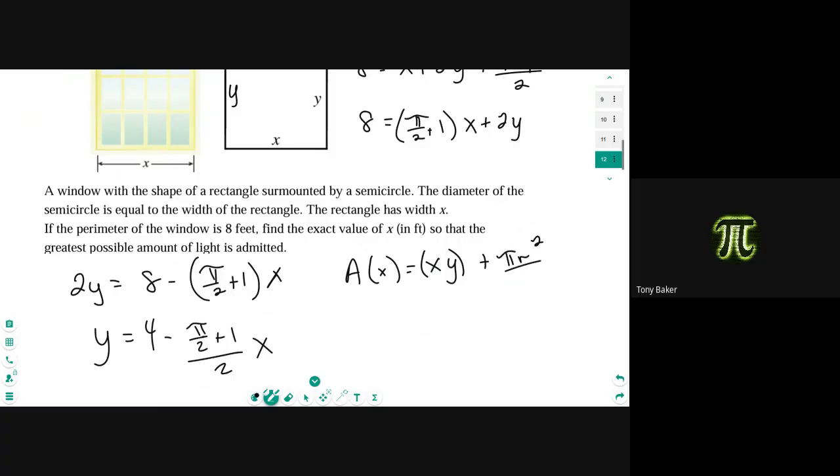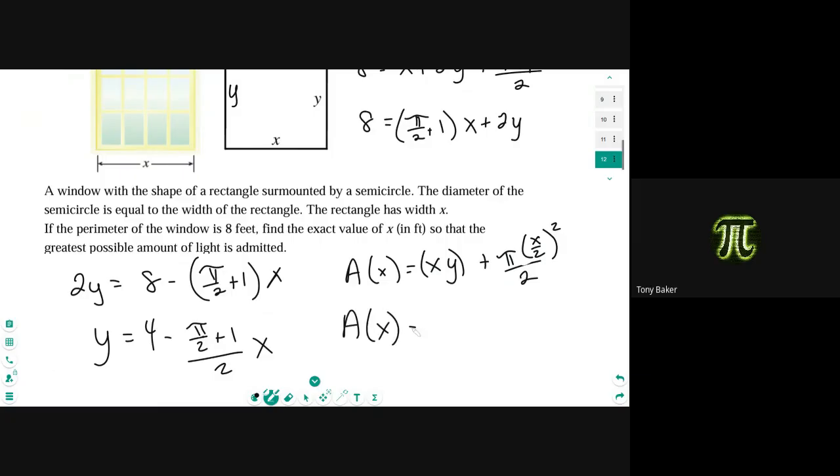Pi r squared, and I'm only on half of it, so divided by 2. But r is x over 2 squared.